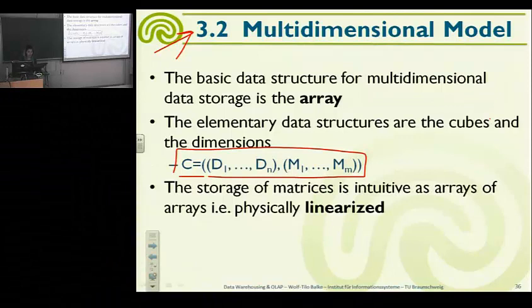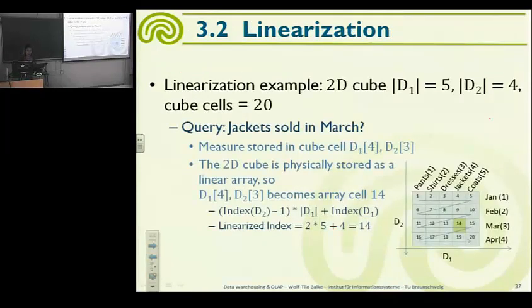The idea is we want to store on disk, so somehow we need to linearize the data. You have these multi-dimensional matrices, and for programming we know that matrices are basically an array of arrays. Now we just have to cleverly think of a way of how to put these arrays together side by side on the disk.